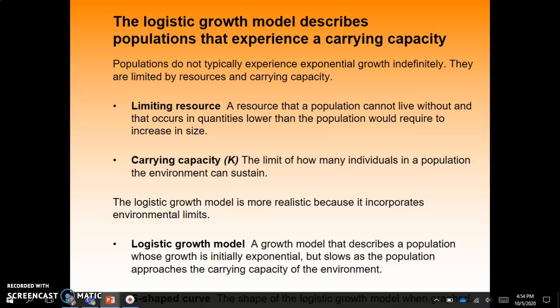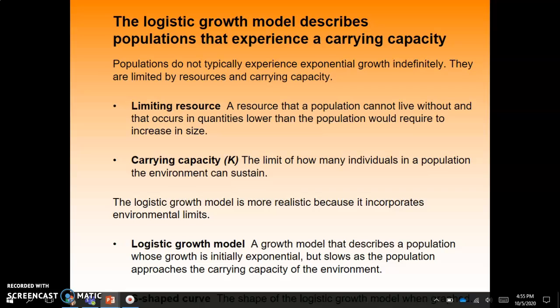We eventually get to a point where our ecosystems cannot support any more individuals in that particular population, and they reach their capacity, so you would see a drop off of the growth of those populations. The logistic growth model is a growth model that describes a population whose growth is initially exponential, but slows as the population approaches the carrying capacity of the environment.